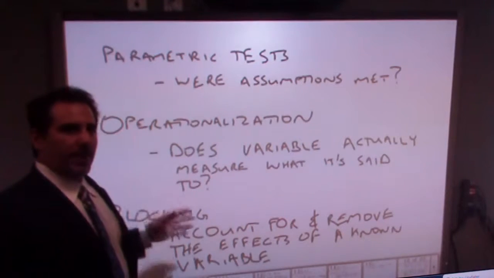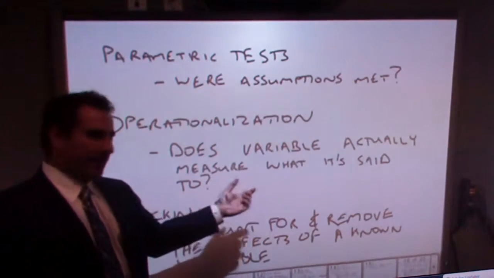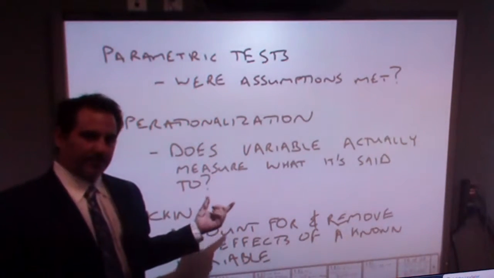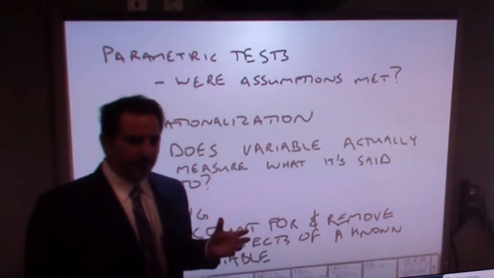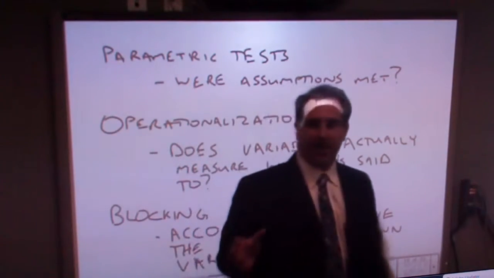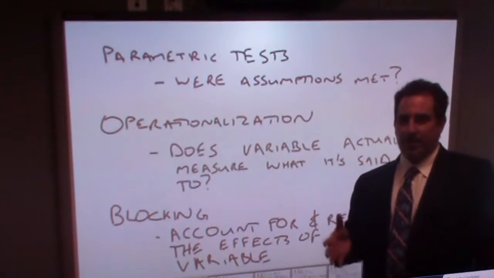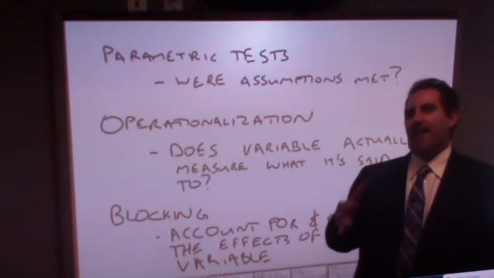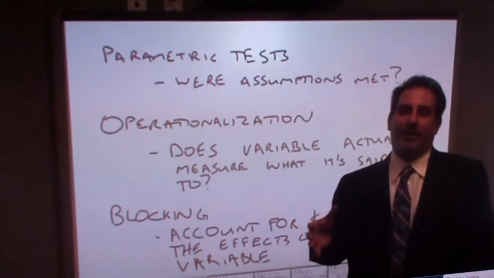Operationalization. Operationalization means that the variable that you're actually measuring actually measures what you're saying it measures. And let's just take intelligence, for example. Let's say that I operationalize intelligence as the likelihood of you laughing if I tell a joke. And I define anyone who laughs when I tell a joke as smart, and anyone who doesn't laugh as dull.